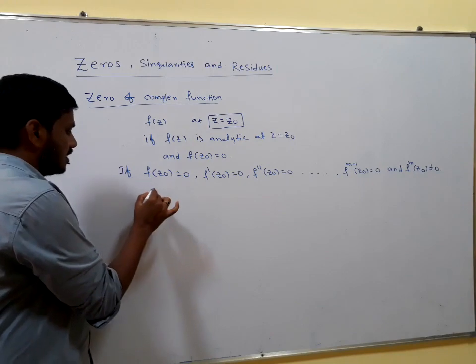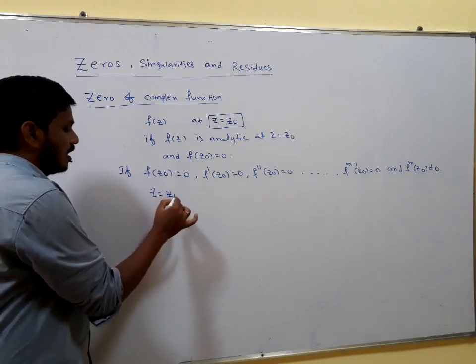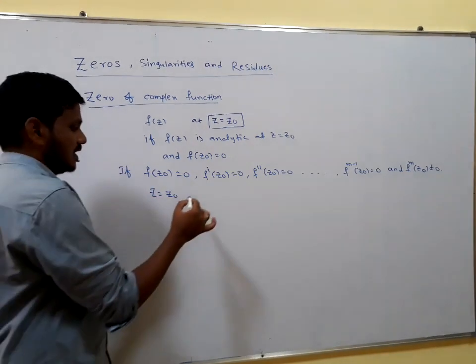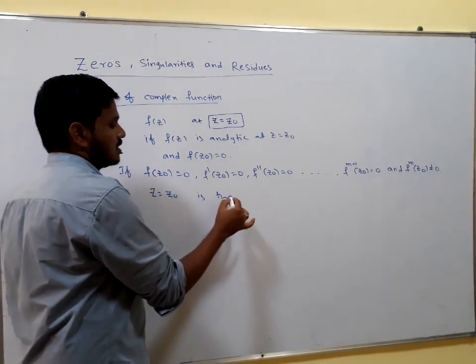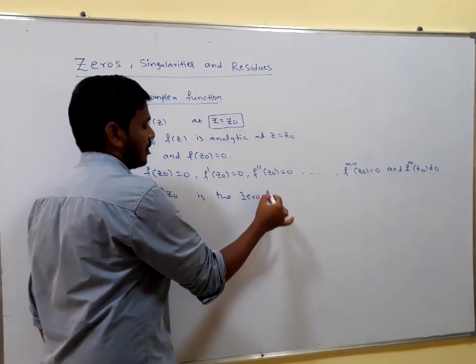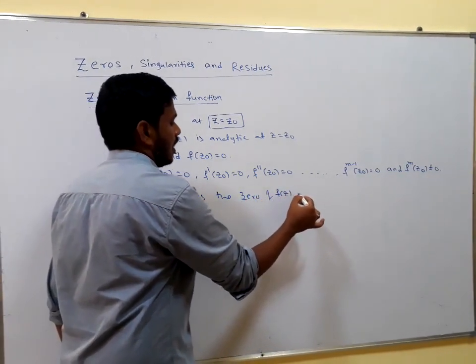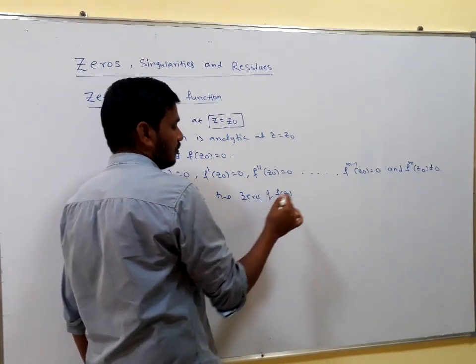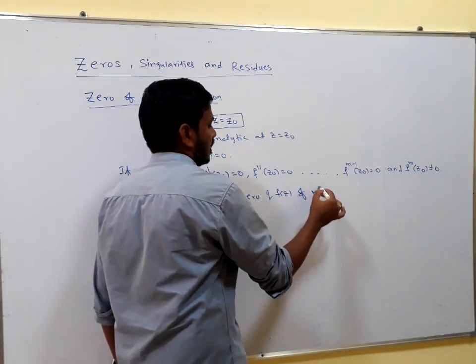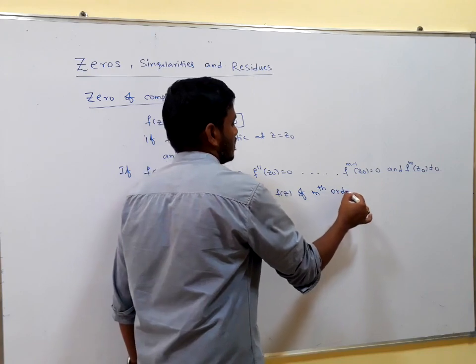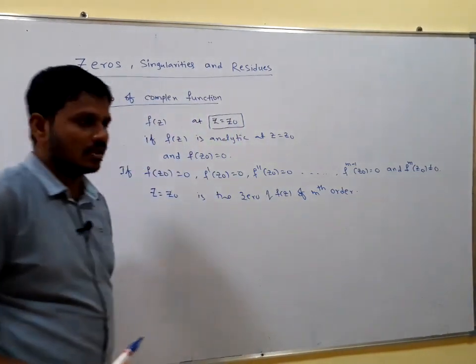Then the point z equals z naught is called a zero of f of z of mth order, that is, an mth order zero of f of z.